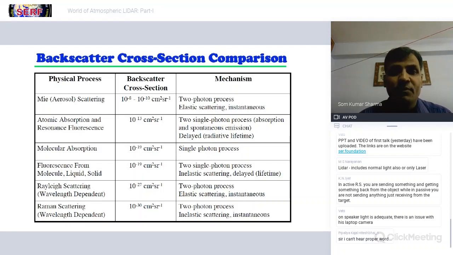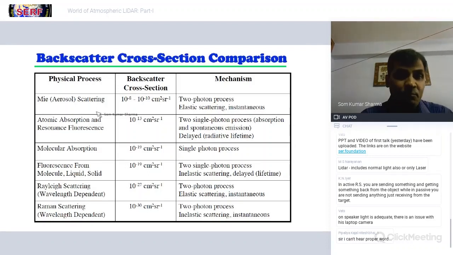Maybe some other time I will describe it. Today I will focus mostly on how these scattering processes are exploited in LIDAR. So the two photon process is elastic scattering, and it is instantaneous.